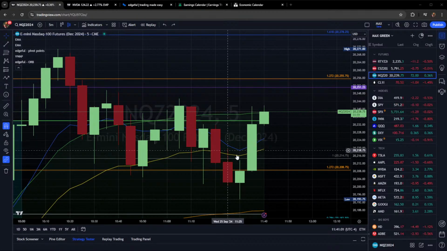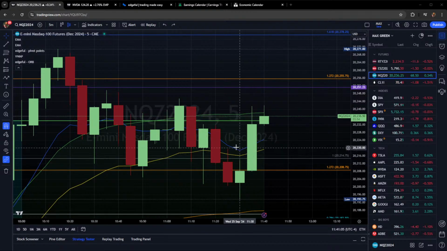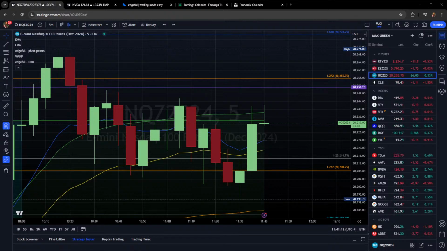Look at your EMAs. They never crossed. They were trying to cross until this candle happened. It was always a long.